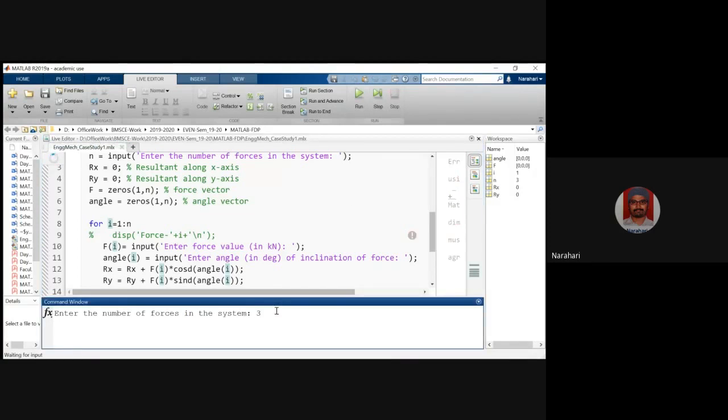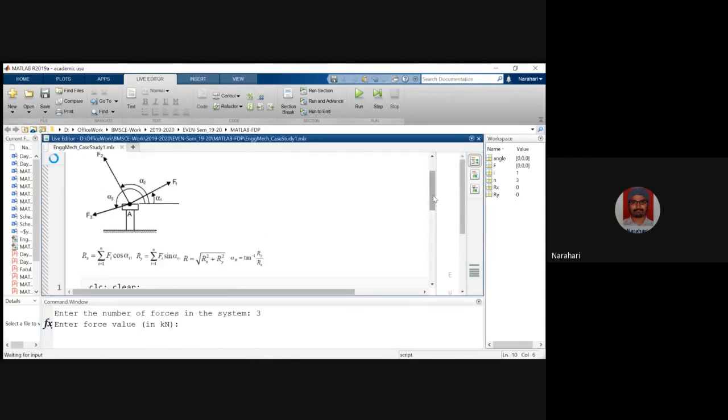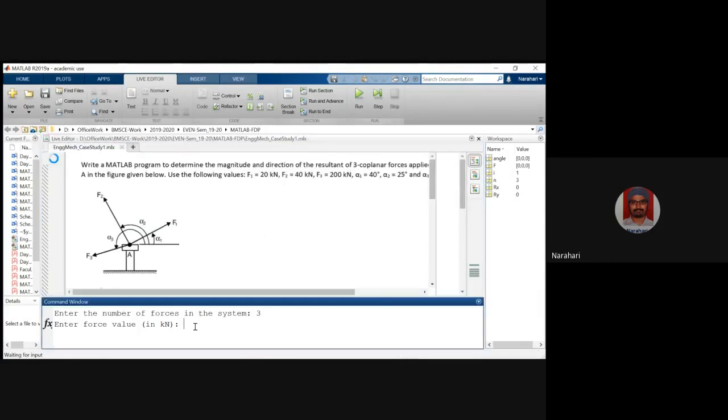Yeah, so it is asking to enter the force value in kilonewton. The first force was 20 kilonewton, so let me enter 20. Then it is inclined at 40 degrees. Then F2 is 40, alpha 2 is 25 degrees, and F3 is 200 kilonewton.